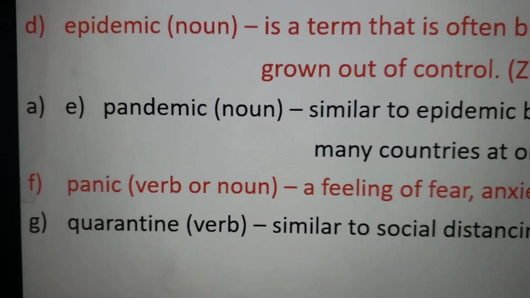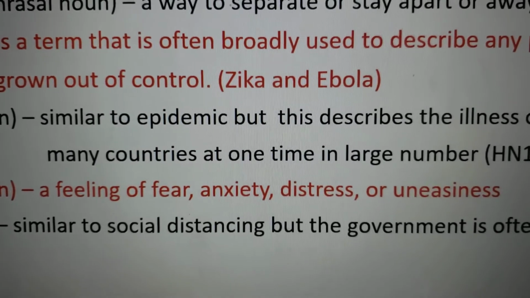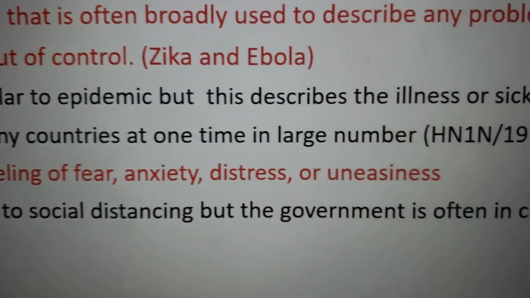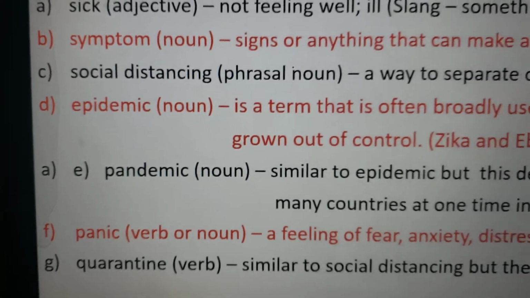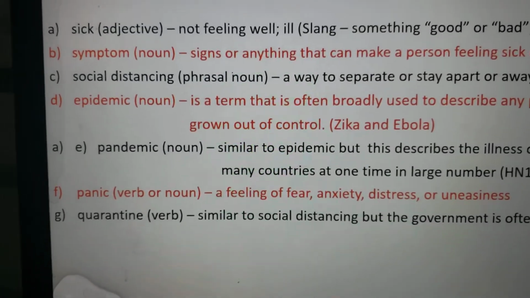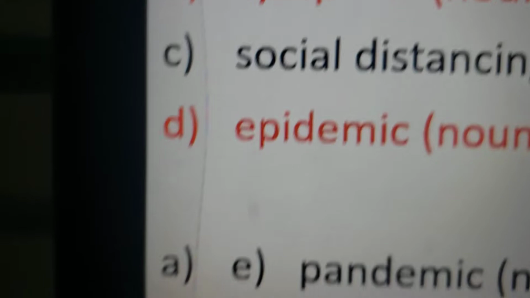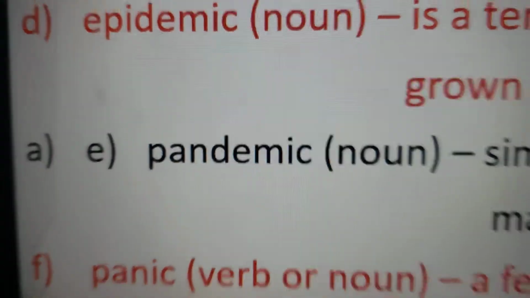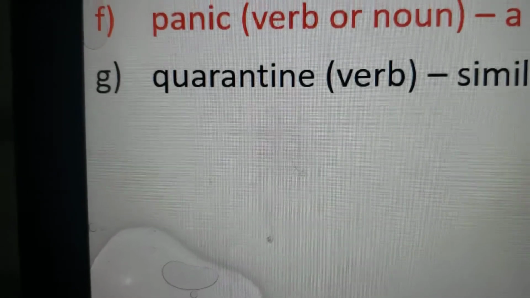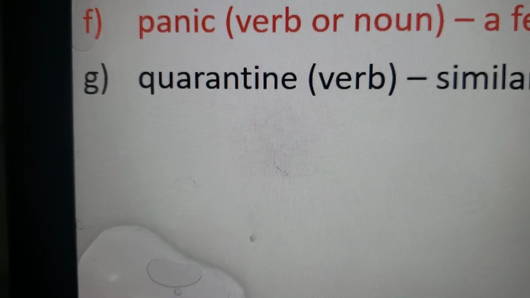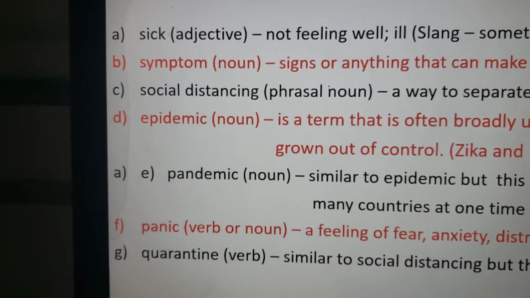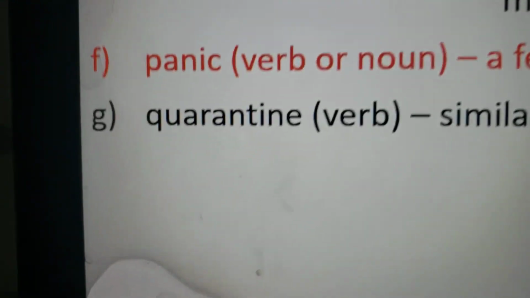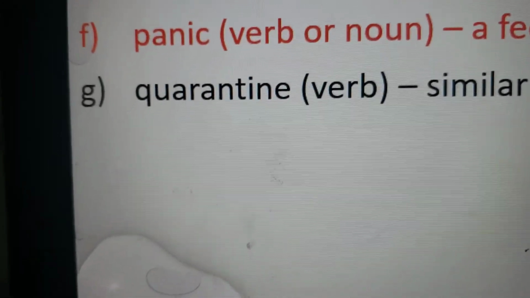Quarantine. Quarantine is a practice of social distancing, but quarantine is more likely when the government is in charge of the situation. For example, when you are sick or you have symptoms of the pandemic of corona, then you need to make sure that you quarantine by staying at home for certain days. Normally it is required by the government, or you can do it by yourself, but quarantine is most likely controlled by the government.